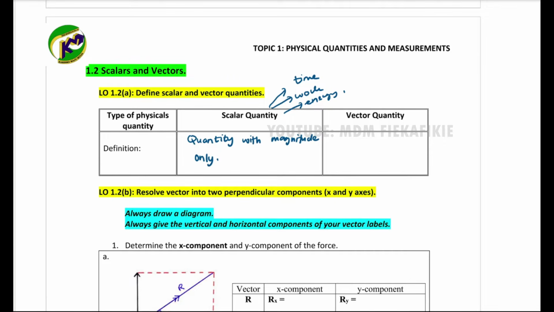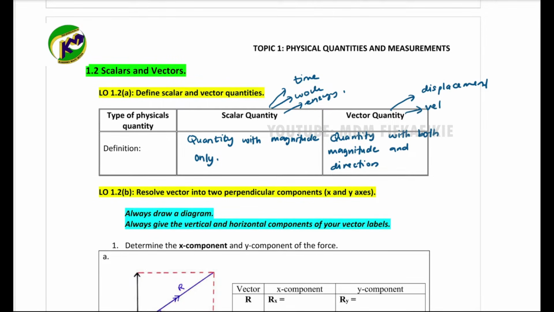Tapi kalau vector quantity, dia adalah quantity yang ada magnitude dan juga direction. Quantity with both magnitude and direction. Contohnya macam apa yang paling mudah? Kita ada displacement. Dia punya value berapa displacement dia dan arah dia apa pula.